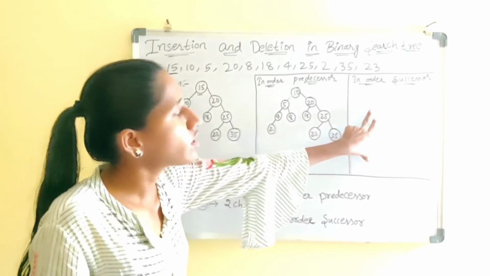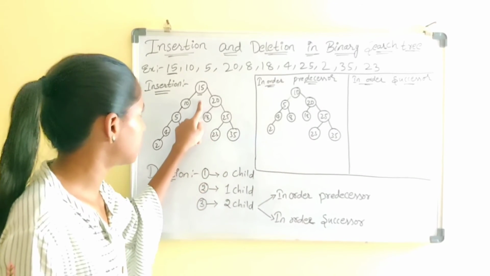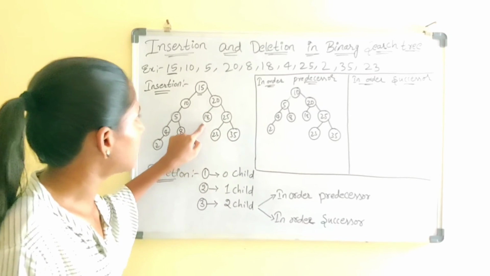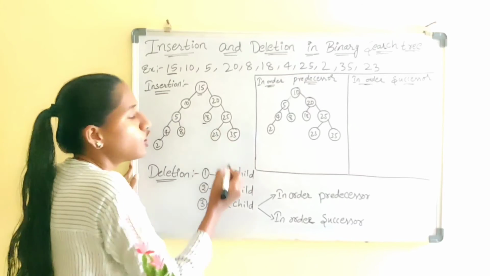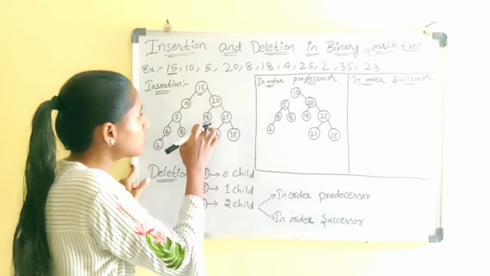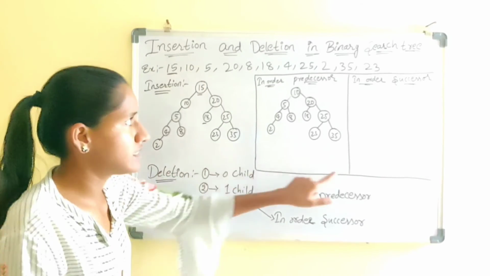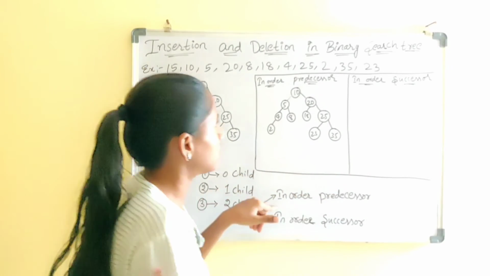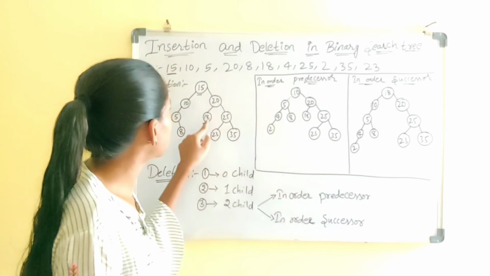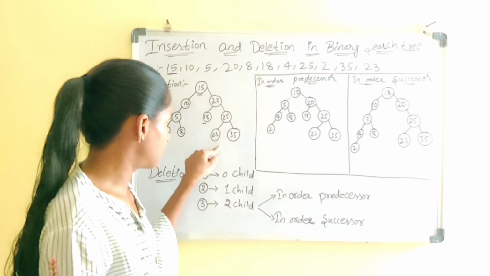Okay. Now in the in order successor, you have to take the lowest number in the right subtree to replace 15. Which is the lowest number in this? 18. 18 is the lowest in the right side subtree. We have to replace 15 with 18. Let's see the in order successor diagram. And this is the in order successor. We have replaced the root node with the lowest value in the right subtree.